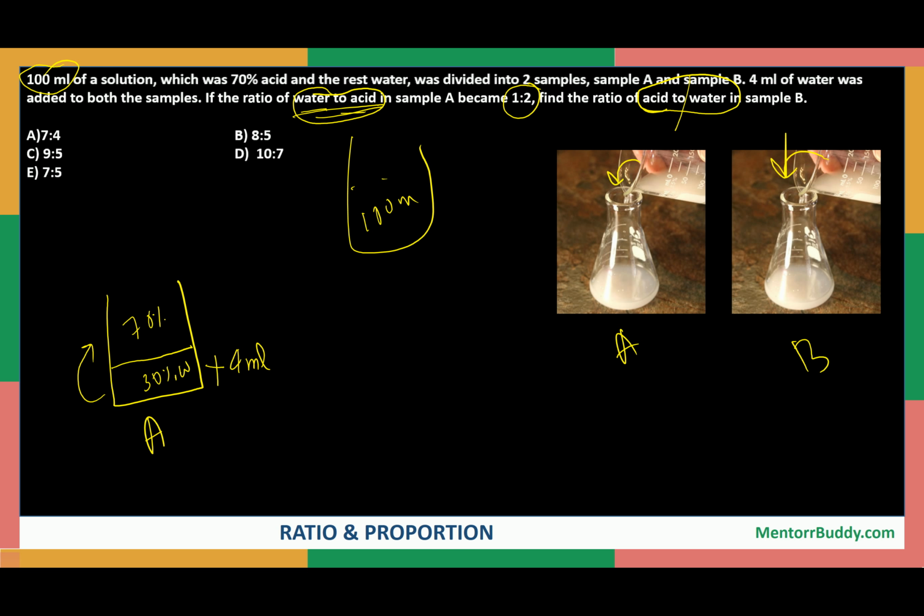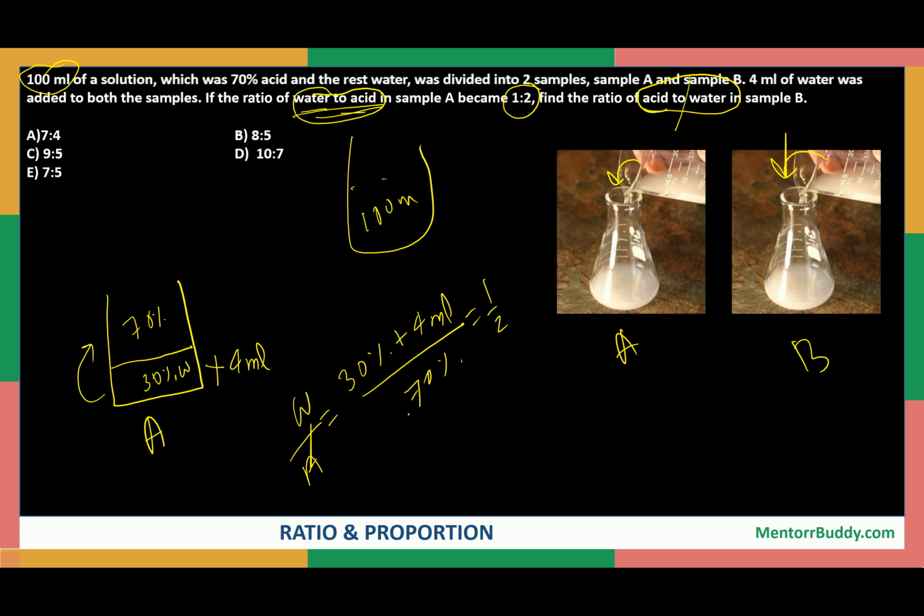It means that earlier the solution had water, and we need to find water to acid, and water has been given as 30%, and 4 ml of water is added. So 4 ml of water is added, right? And the ratio we have taken out with acid, that is 70%, is coming out to be 1/2, right?